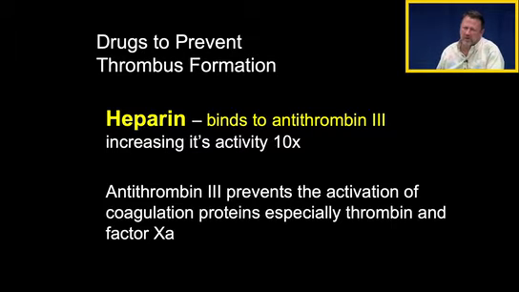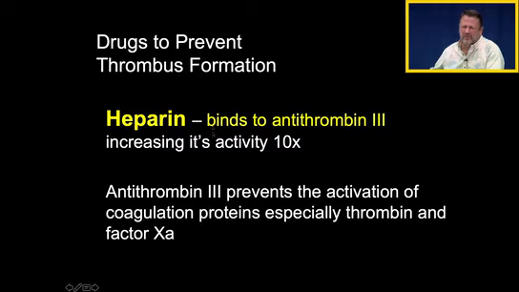Heparin will increase the activity of antithrombin 3. Sometimes you'll hear an antithrombin 3 activator, but antithrombin 3 prevents blood clot formation, and then heparin increases its abilities by tenfold.